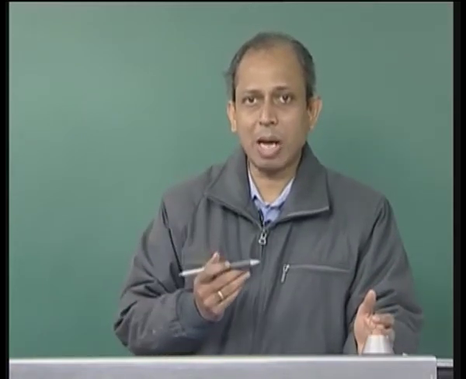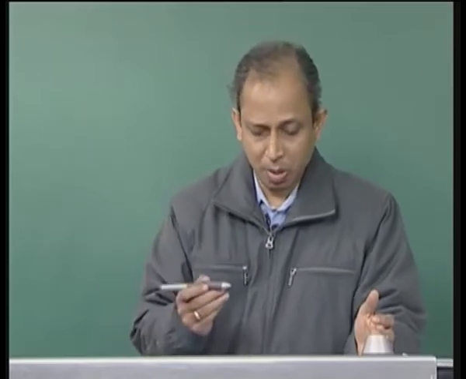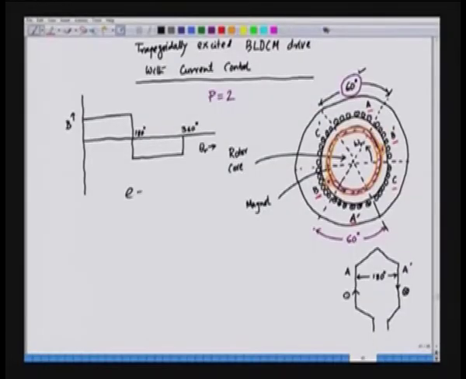So, there is a gradual rise of the induced EMF, because induced EMF we know by definition is BLV, flux density, L the length of the conductor into the linear velocity.